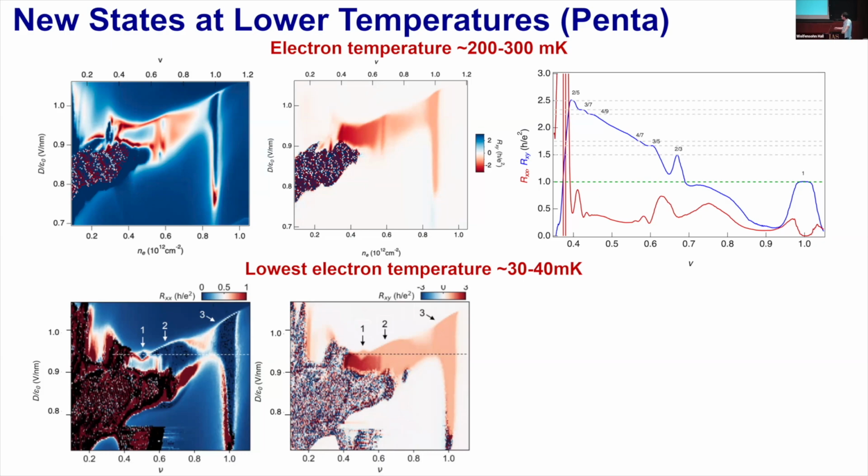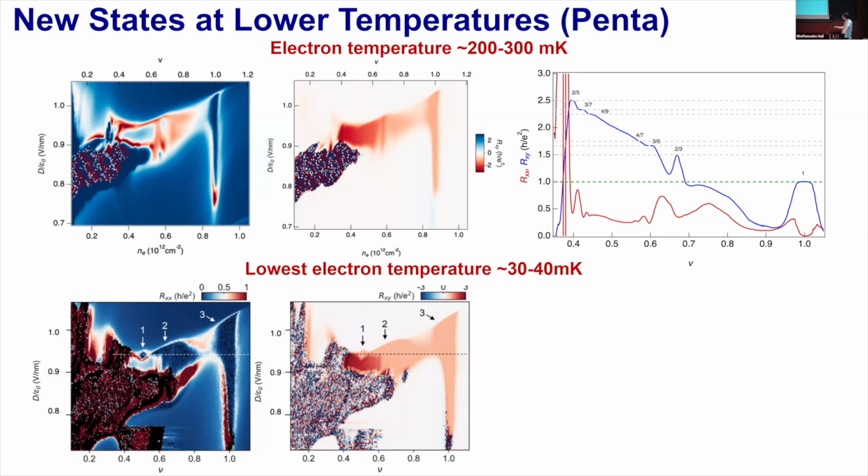And now there are 3 regions that show quantization of RXY at h/e². Number 1 region is this little diamond here that is at filling factor 1/2 exactly. Okay, it's broader than just 1/2, but it's at 1/2. The second region is this big region here, showing vanishing RXX in uniform blue color and quantized RXY at h/e².